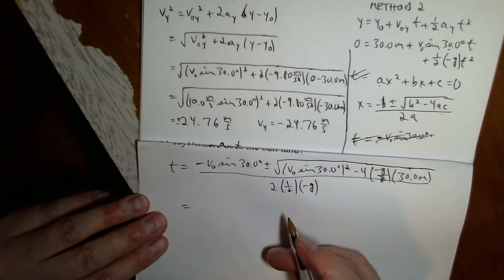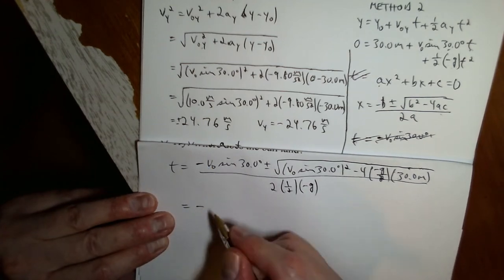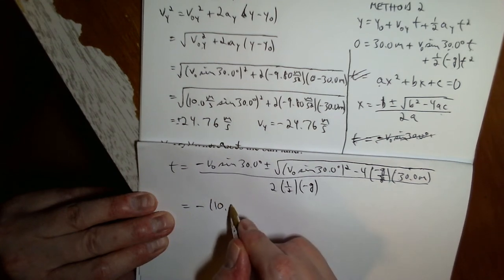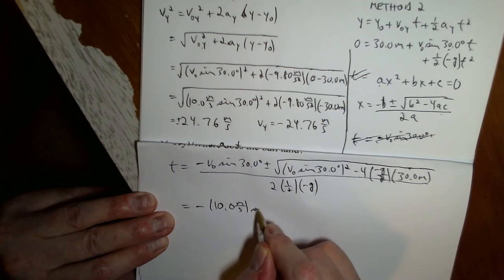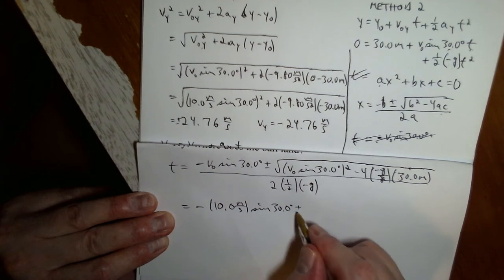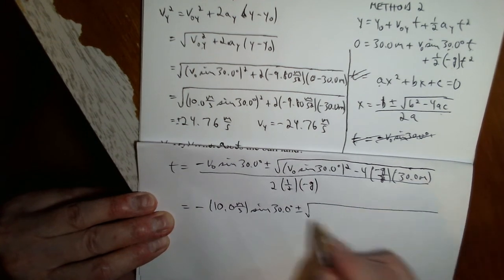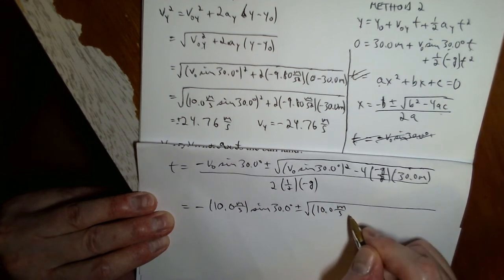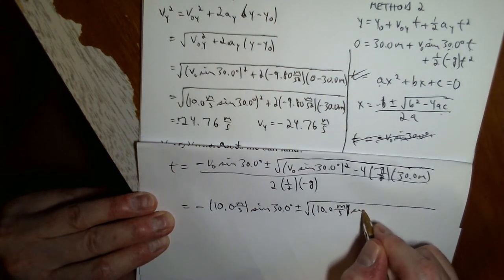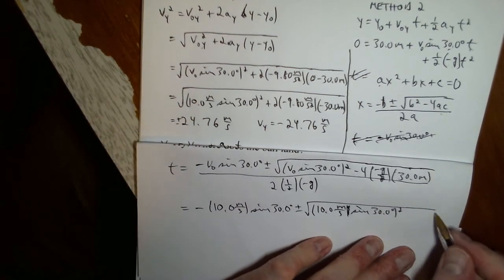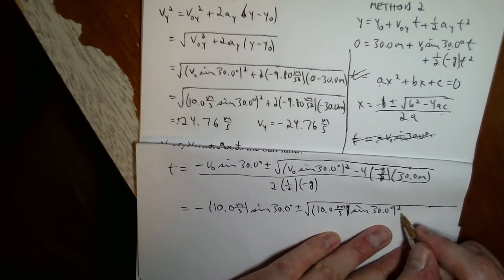Okay, and I'll plug in. Minus v sub naught is the 10 meters per second, and it comes out to be 10 meters per second times sine 30 degrees, which is just 5 meters per second. You could always simplify that before writing all of this out. So 10 meters per second times sine 30 degrees squared, and minus 4.